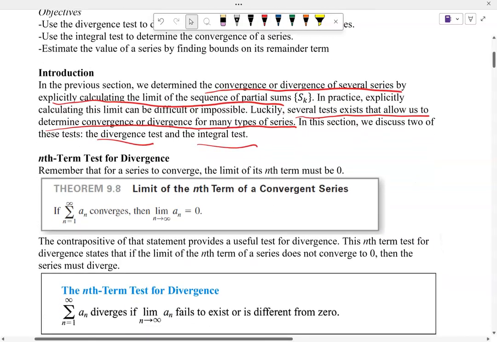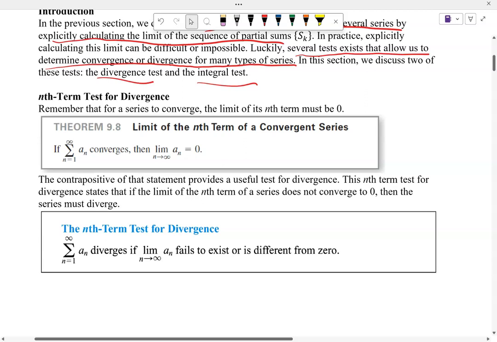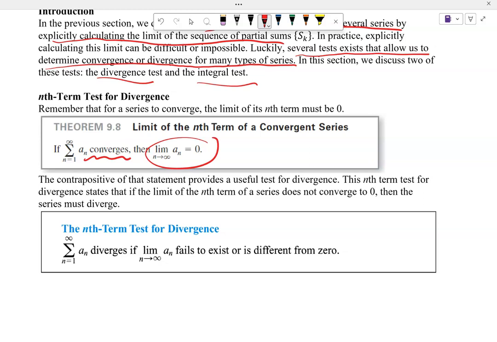Okay, so just like last time we mentioned, if we know it converges, then the limit of the nth term will be 0. That does not tell us the converse is true. The biconditional is not always true, right?